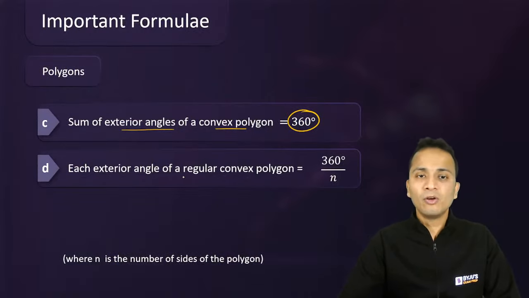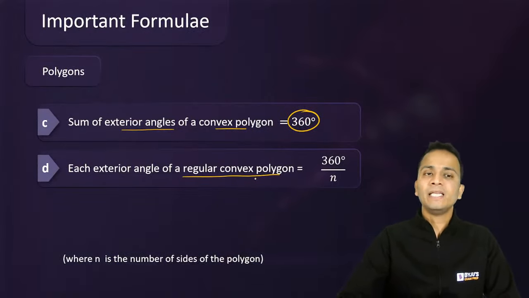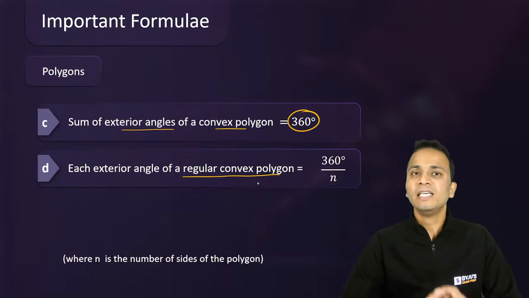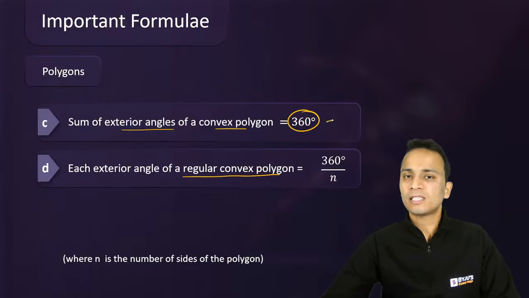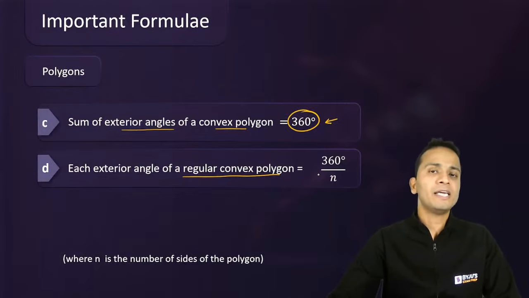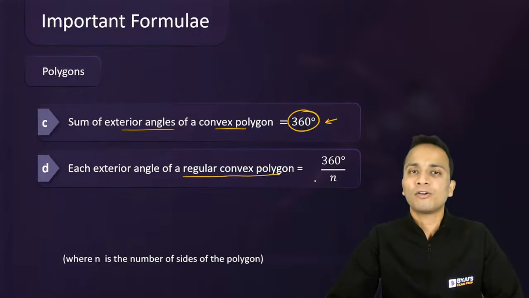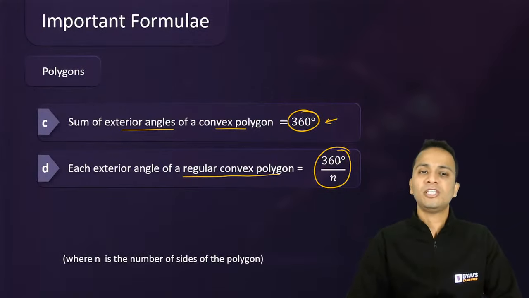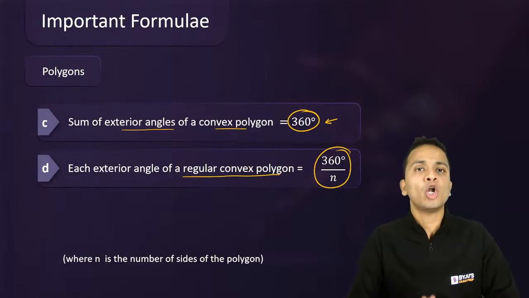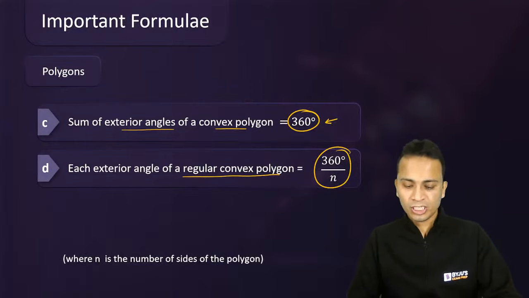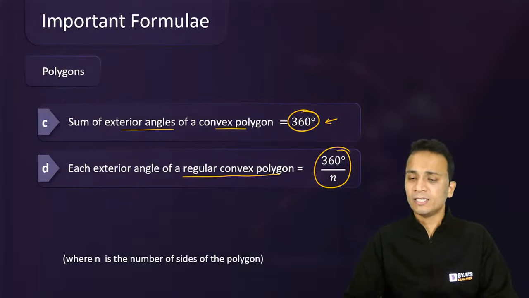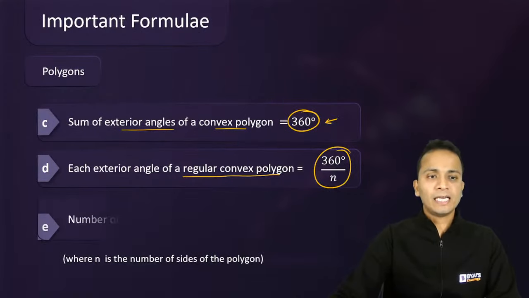Now, if it is a regular convex polygon, then each of the exterior angles will be equal, and hence each exterior angle will be equal to the sum of all the angles divided by the number of angles or the number of sides. So 360 divided by n will be each exterior angle of a regular convex polygon. ठीक है? Yes, Mandeep, like equilateral triangle, we can say that. Okay. चलिए आगे चलते हैं.